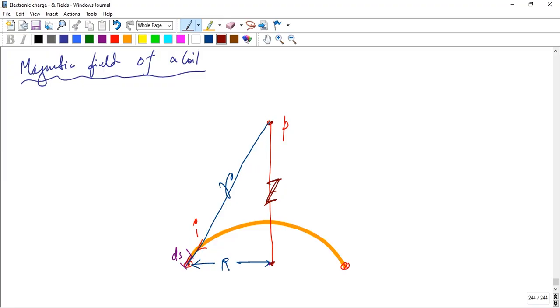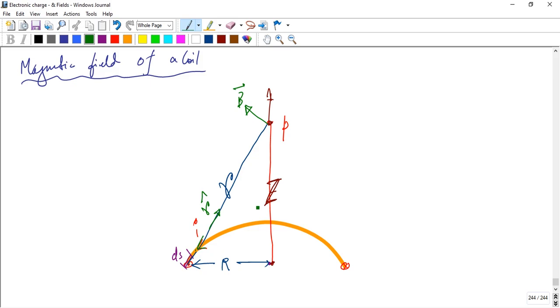So calculate B at P on the axis of the central circular path. Here ds, this current, produces a magnetic field dB, and the direction is supposed to be in the r cap direction.